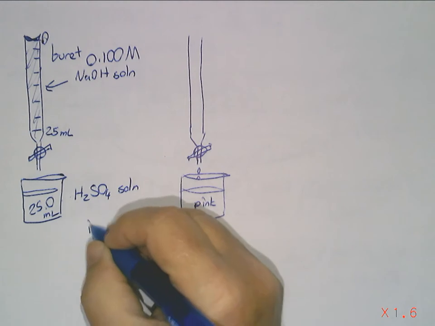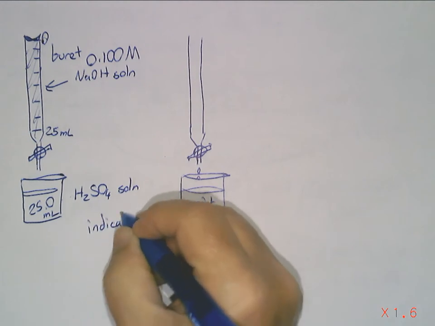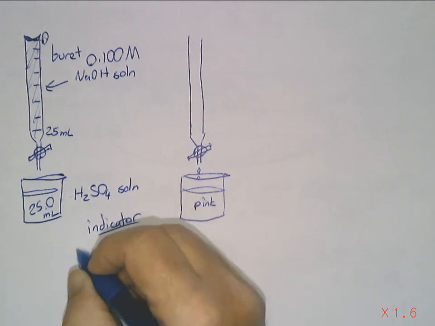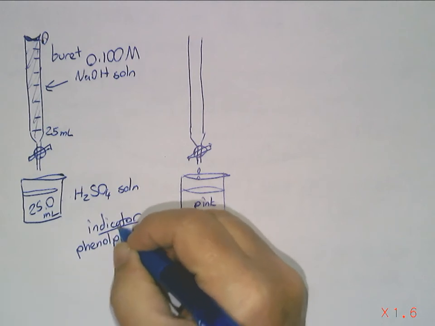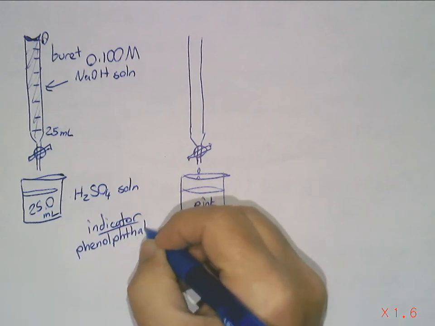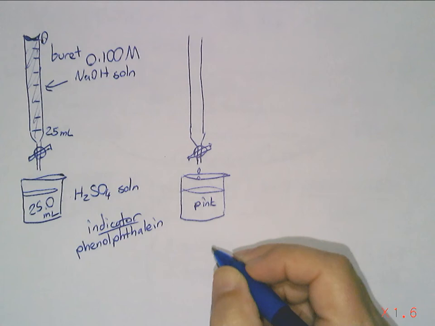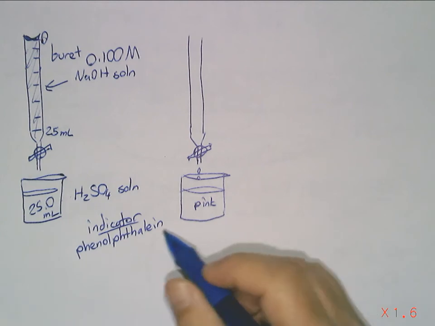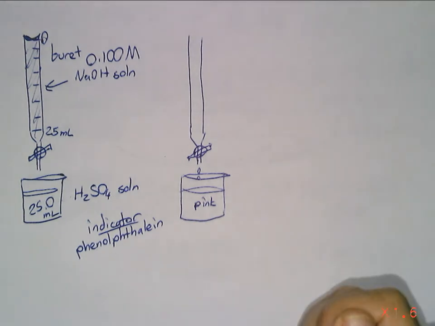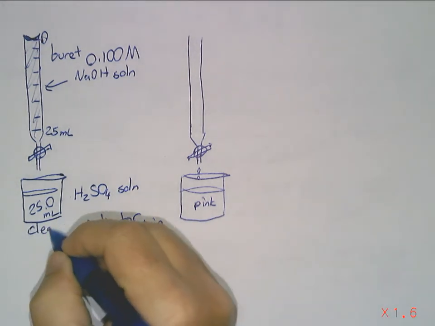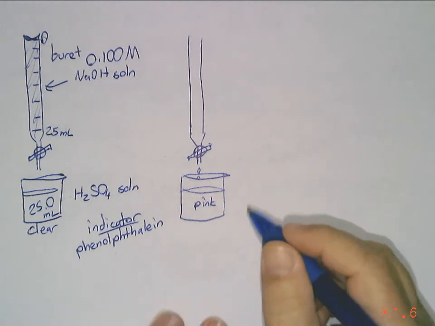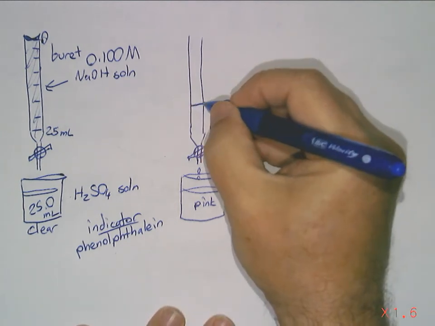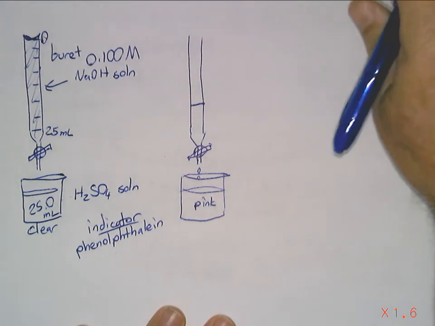This is called an indicator. In this case, it's a dye, and the dye's name, you'll see it in problems and in experiments that you will do, is called phenolphthalein. And it changes from clear to pink. Now, when I dribble down enough so that I see the pink color, that tells me that I'm done.